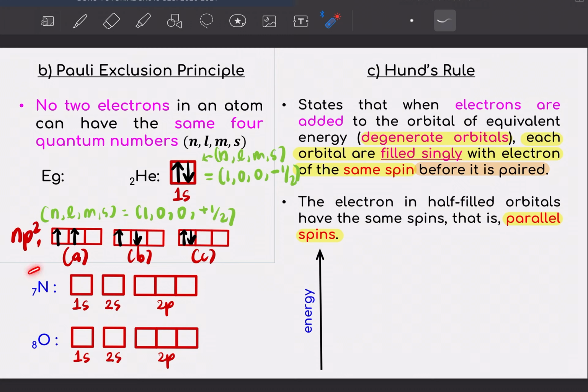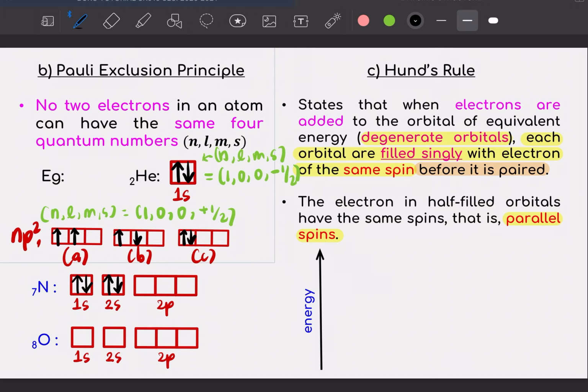So let's try to fill in the electrons for nitrogen and oxygen first. Your nitrogen atom has 7 electrons. So 1, 2, start with the lowest energy orbital 1s, 3, 4.